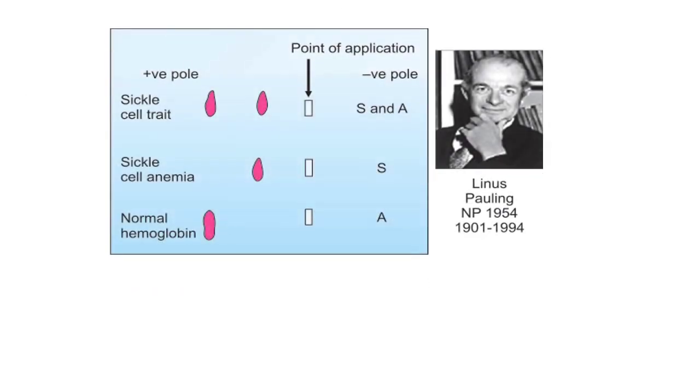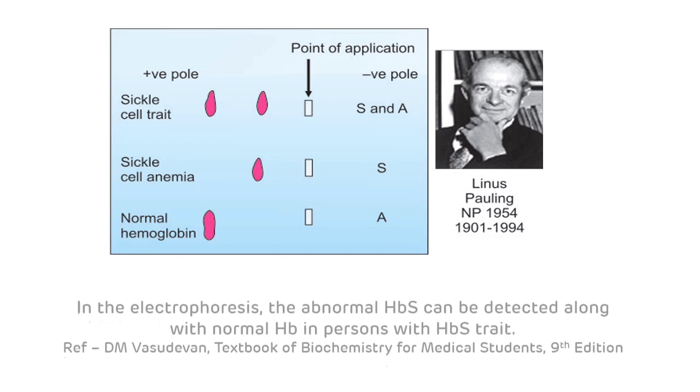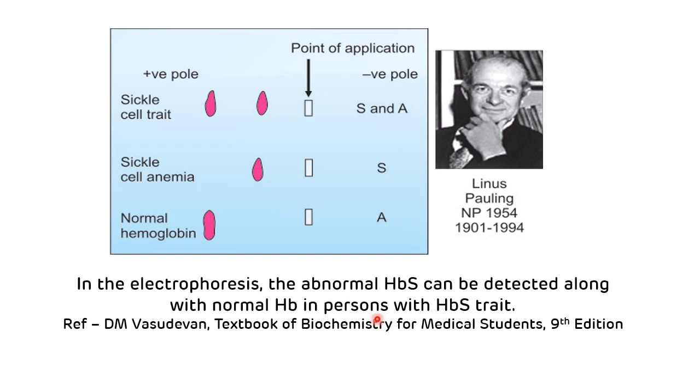This is the picture of electrophoresis. The abnormal HbS can be detected along with normal Hb in persons with HbS trait. So this is the sample in the sickle cell trait. You can visualize the two bands. One is that of HbA and another band is of HbS.